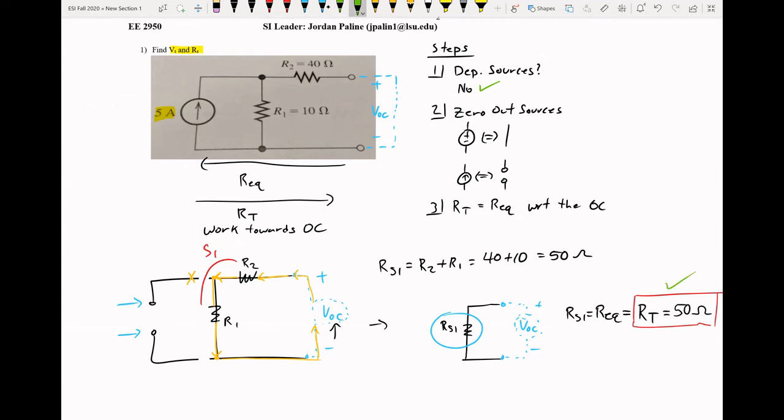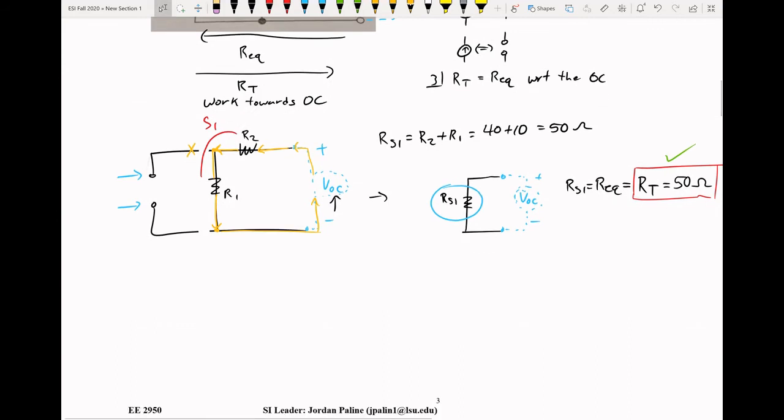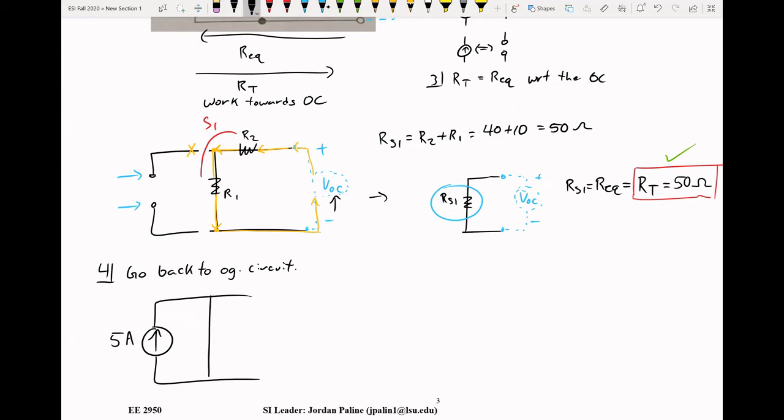Good. Now we need to find V Thevenin. So what we need to do is jump back to the original circuit. So for step 4, go back to the original circuit. This is R2, this is R1, and then we have plus minus VOC.